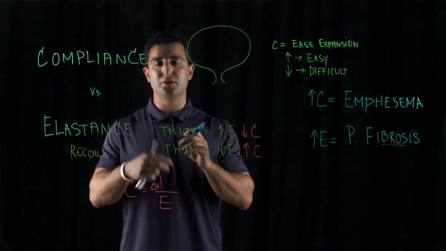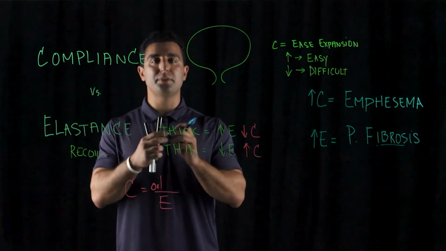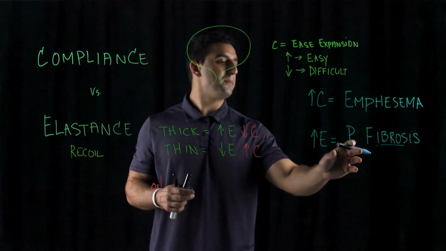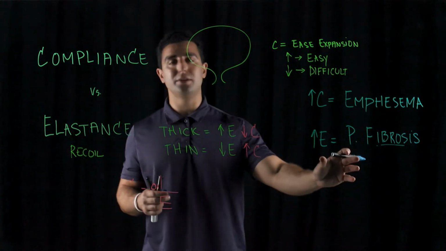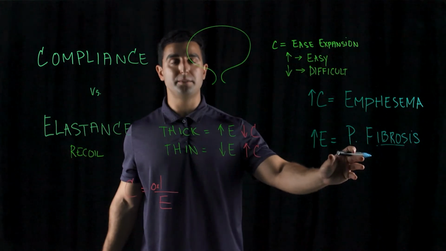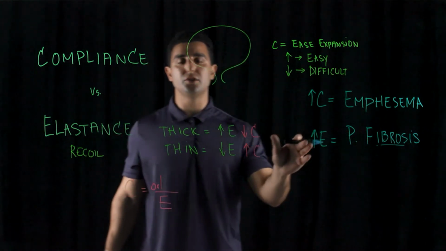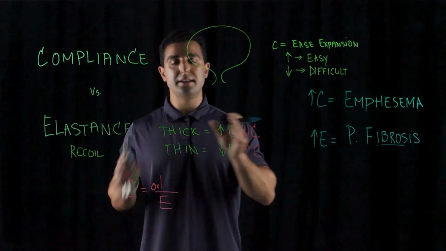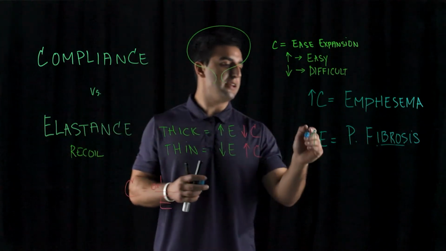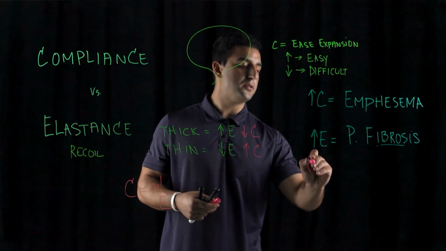If you remember, when you look at your skin versus a scab, what do you notice? The scab is thicker and the elastance of it is much higher. So the patients here can exhale normally, but when it comes to inspiration, this becomes difficult because the elastance is so high, and so the lungs are very difficult to expand, because this increased elastance is the same thing as decreased compliance.